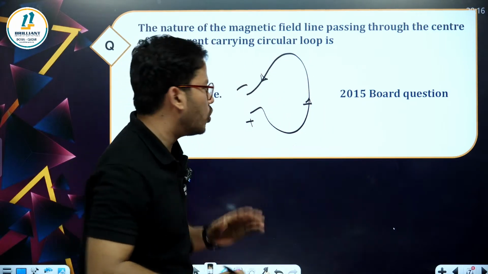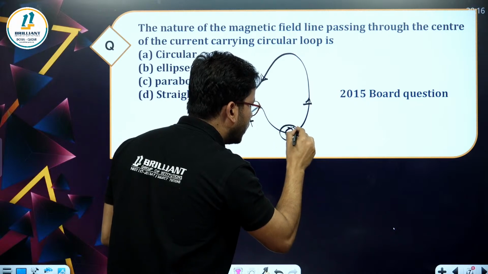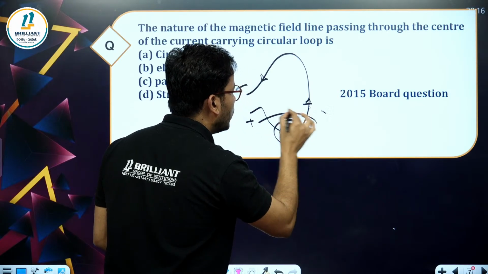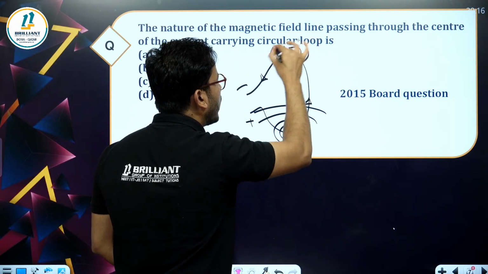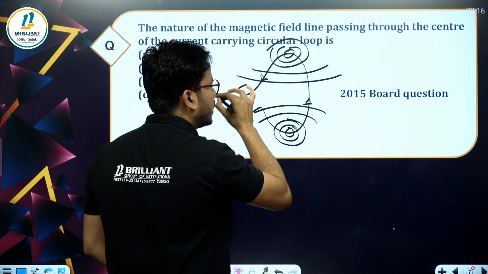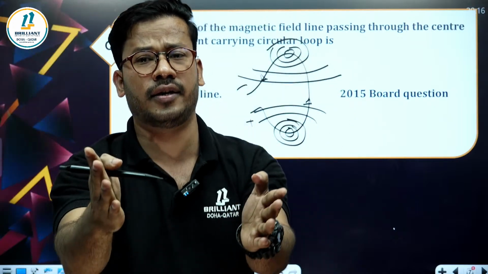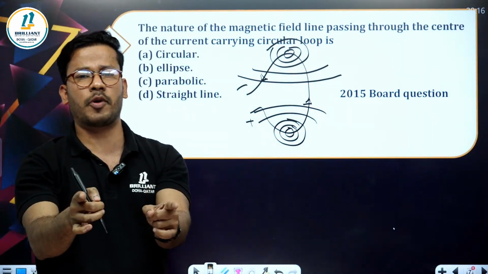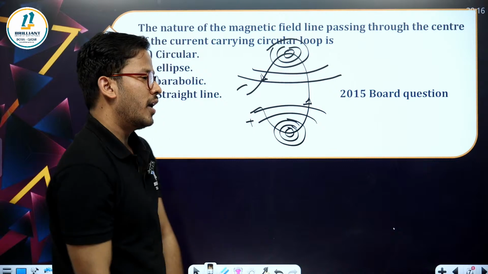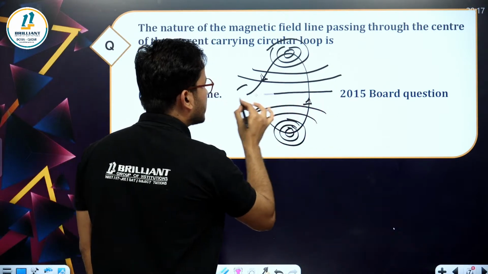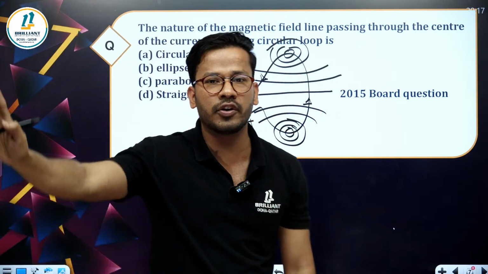Understanding? So when it happens, here it will be a concentric circle, and the arcs will start becoming bigger as we go away from the wire towards the center. Here's the point, everybody: in the center, it will appear as a straight line.